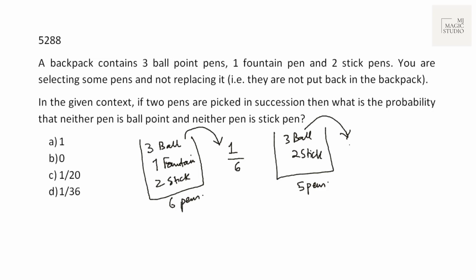That is not possible, and that probability will be 0. That means the combined probability is 1 by 6 into 0, that is 0. It is an impossible case. Option B is the pick. It is not a concrete mathematics question. It is mathematical reasoning. We just need to put up reasons why we are selecting such an answer.